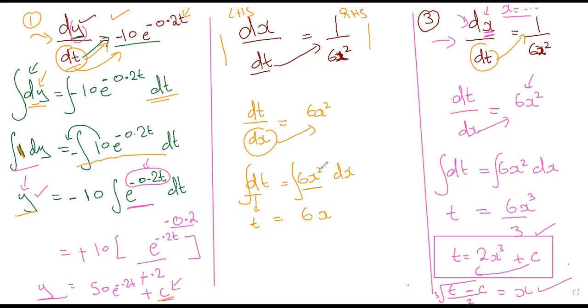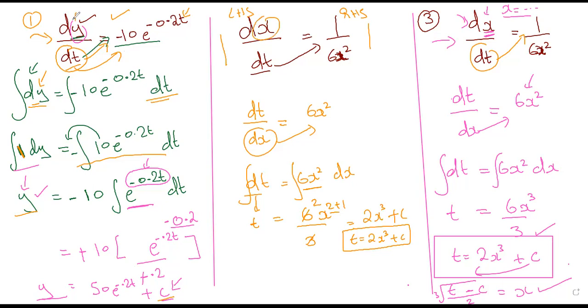6x squared, so 2 plus 1 would be 3, and we have to divide it by the new power. So this is 2. So we have 2x cube plus c. T equals 2x cube plus c. But the thing is that whenever you solve a differential equation like this one, it should have been x equals something, okay?